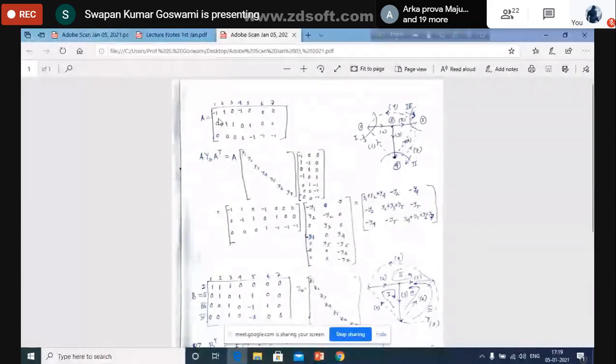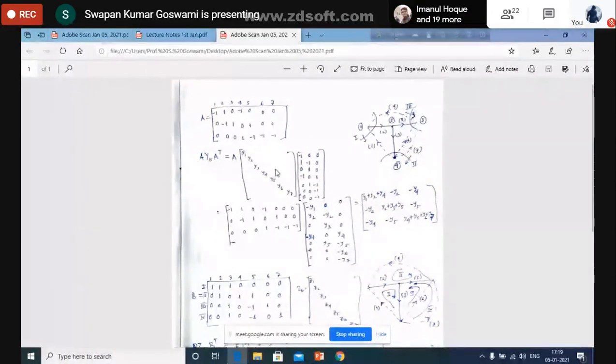-1 1 0 -1, -1 1 0 -1, then 3 zeros, then 0 -1 1 0 1, 0 -1 1 0 1, and then 0 0, then 0 0 1 0 0 0 1, then -1 -1 -1 -1 -1. So first of all you have to multiply these two.